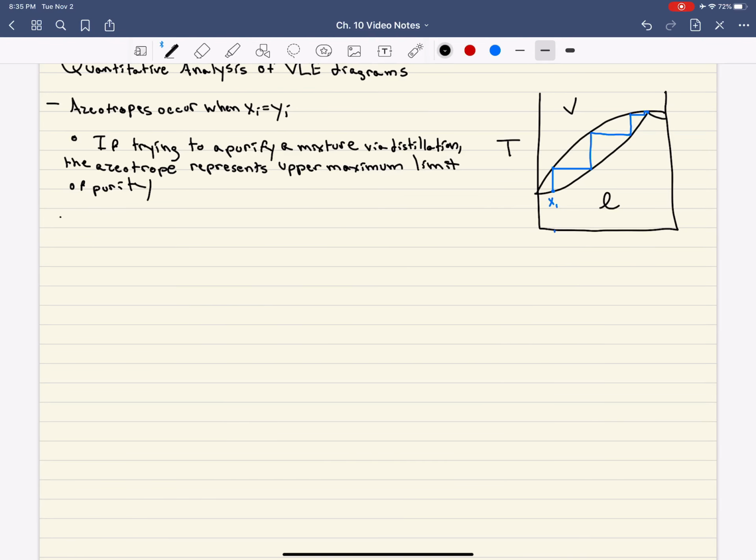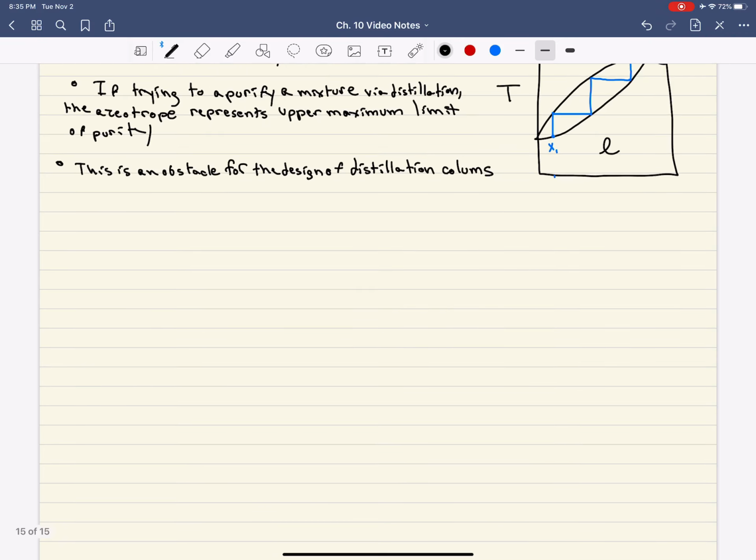But just as motivation, I'll say that azeotropes are something that you heavily need to consider whenever you're designing a distillation column at a chemical refinery.